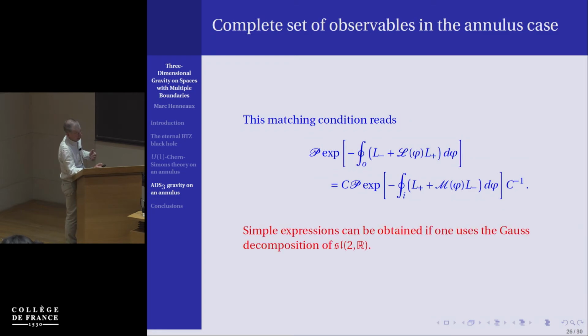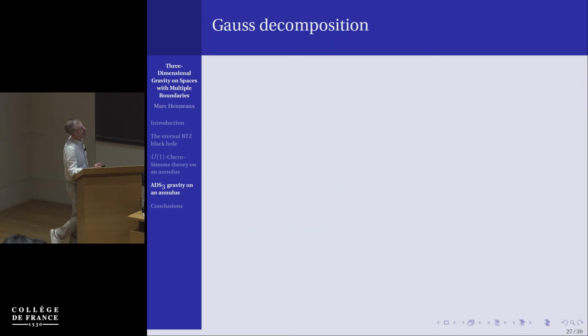Now if you want to rephrase the Chern-Simons action for gravity entirely in terms of these physical observables, in terms of the boundary data and the radial Wilson line, it's a priori rather intricate, but you can simplify things if you use a Gauss decomposition of the SL2R group element.